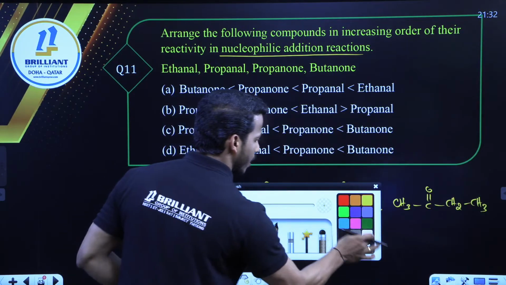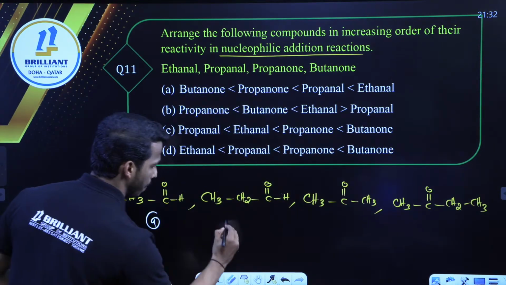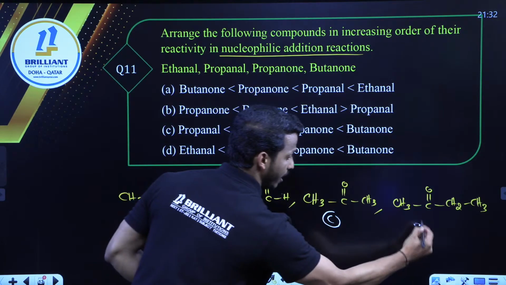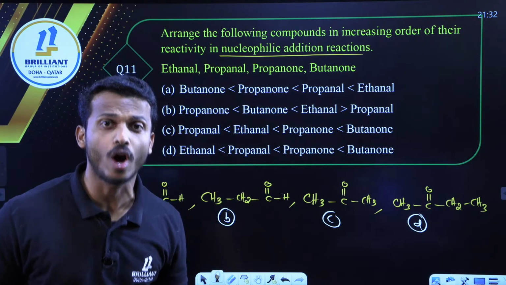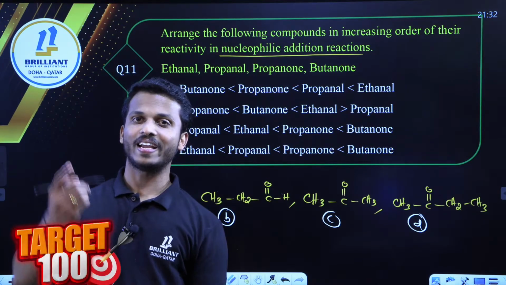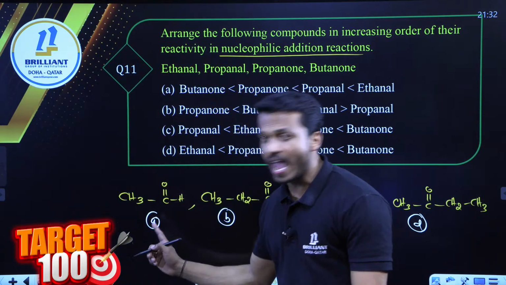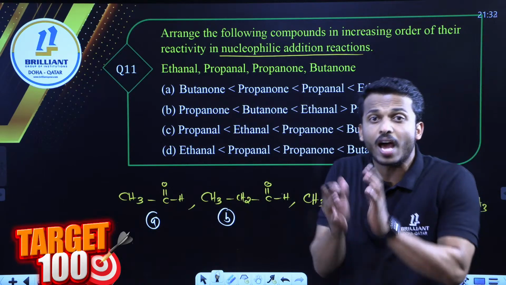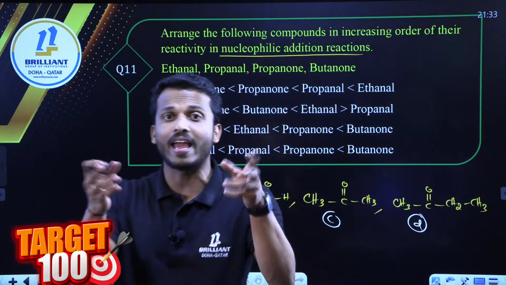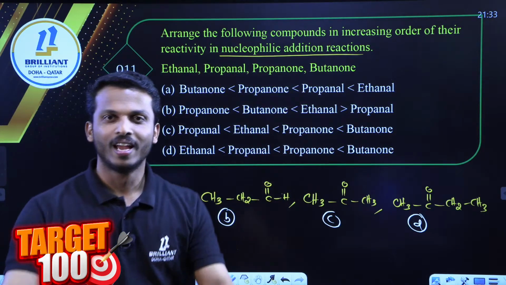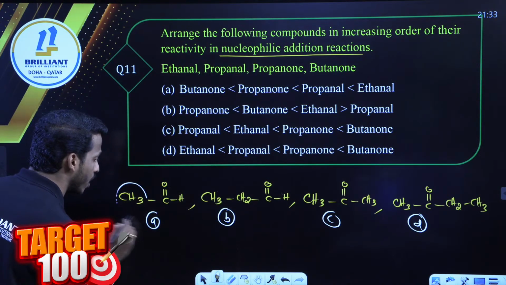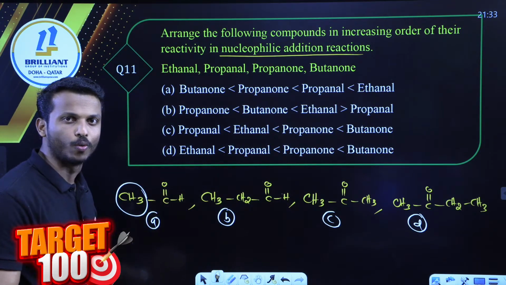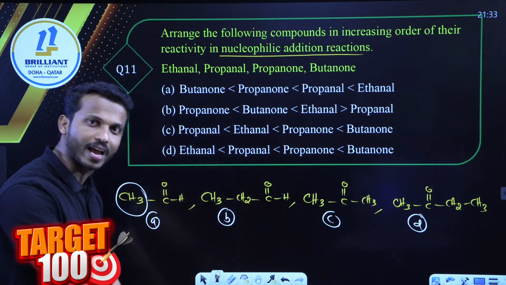Let me consider the compounds as A, B, C, D. Which is most reactive towards nucleophilic addition? Aldehydes are more reactive, so A and B, being aldehydes, are more reactive. Among A and B, which is more reactive? The one which contains less donating group and less steric hindrance, the nucleophile can attack faster.